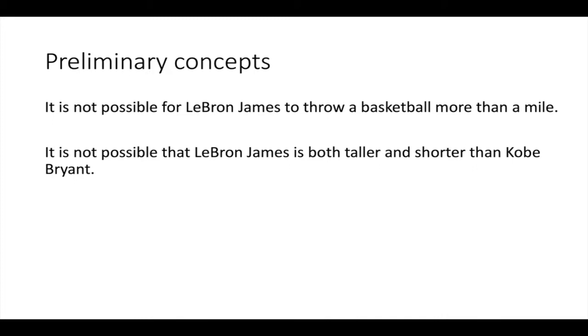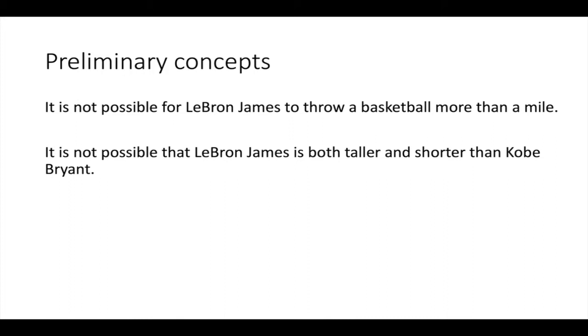Because when you're shorter than someone, you're not taller than they are. And when you're taller than them, you are taller than they are. So this second sentence is contradictory because it's both asserting something to be the case and denying that it's the case. So think about our first concepts now, logical consistency.